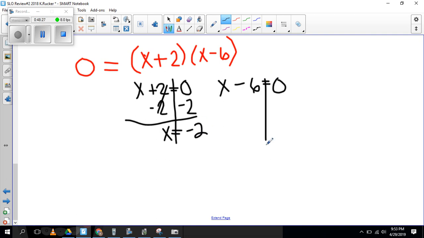Then add 6 to both sides, we do the inverse, and you get x equals 6. So our 2 answers are x equals -2, x equals 6. You can watch this part over and over to see what I did, but try the next ones by pausing this video and working them out.